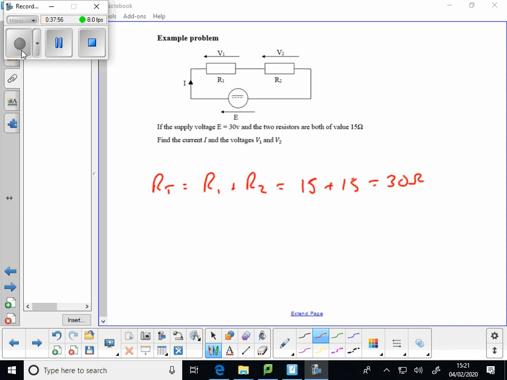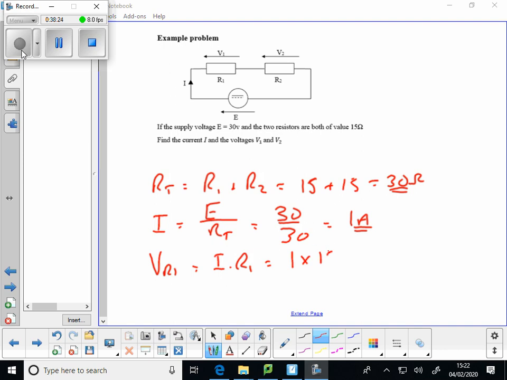The current is one amp. VR1 is I times R1, 1 times 15 equals 15 volts.